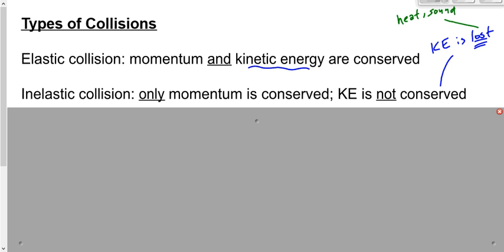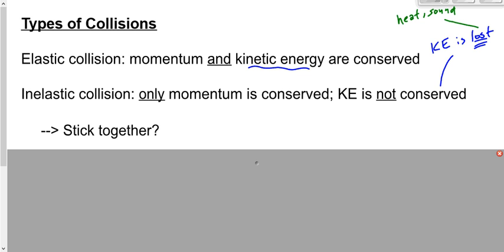Here's a couple little things that I want you to watch out for. If it's a collision in which the two objects stick together, automatically we know it is inelastic. Always.